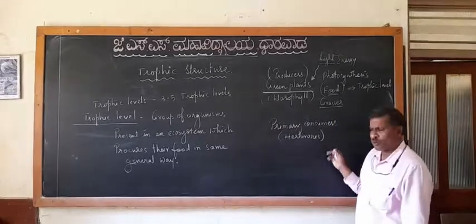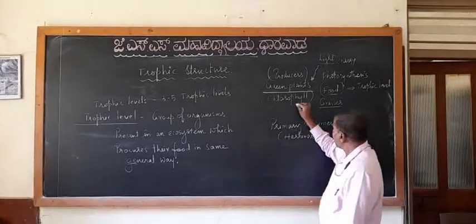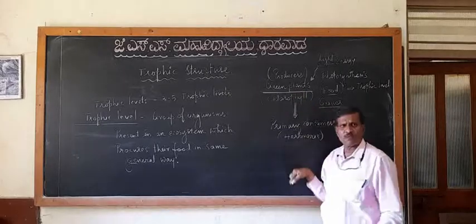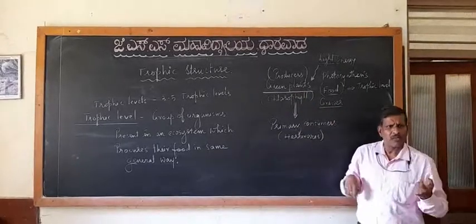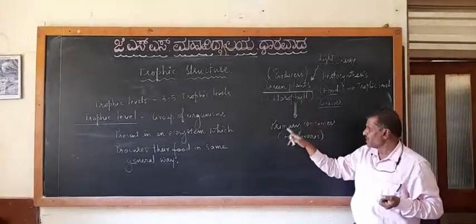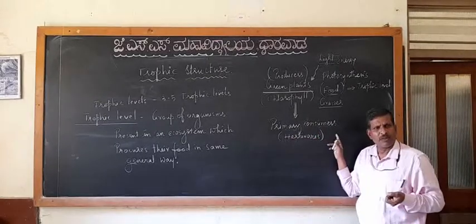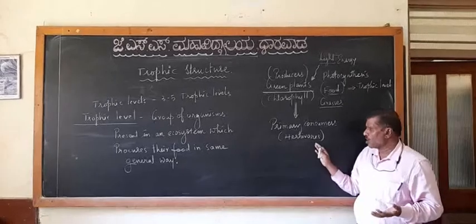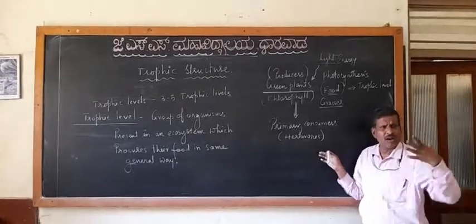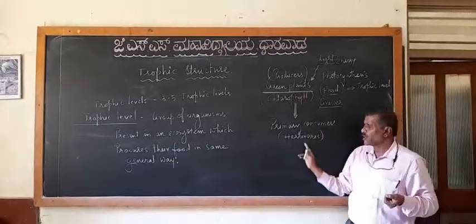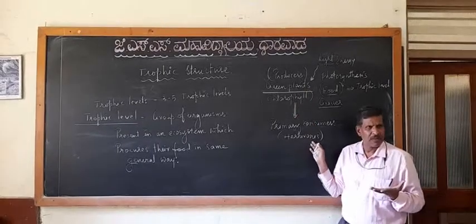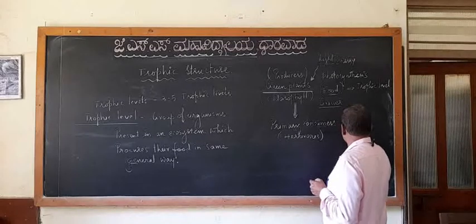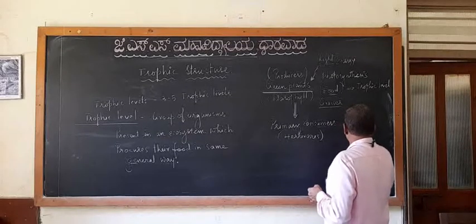How do they get their food? They get their food by feeding upon green plants. When they feed upon the green plants, the food present in the green plants is transferred to primary consumers. Whatever the primary consumer or herbivore may be, whether it is small or large, the way of getting the food is the same. That is why we include all the primary consumers as one trophic level.